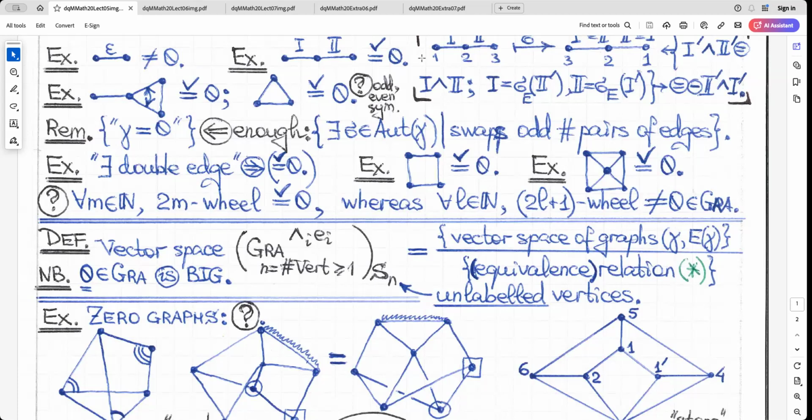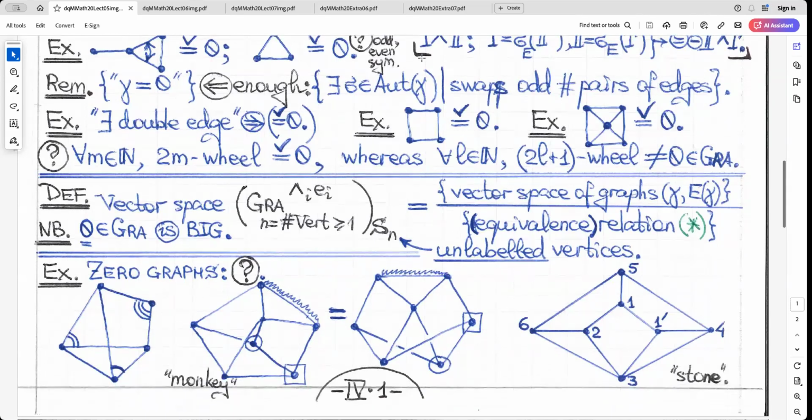For us to conclude this part of the theory, let us have some preparatory information. Let us have more examples of zero graphs. I tell you in advance that these examples are zeros.